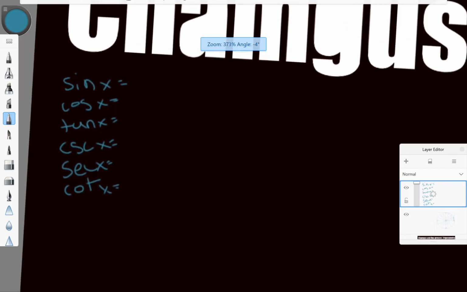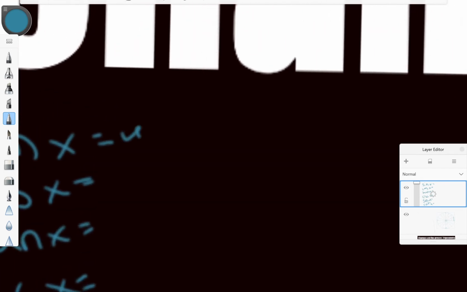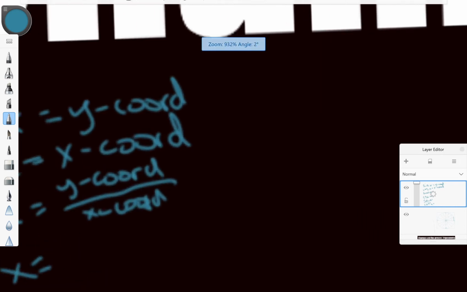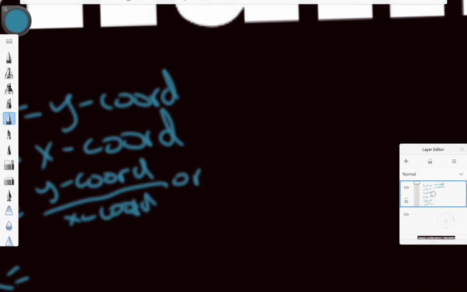Let's find this. On the unit circle, sine of x equals the y coordinate, right? Cosine is the x coordinate. Tangent is the y coordinate over the x coordinate, or sine over cosine.